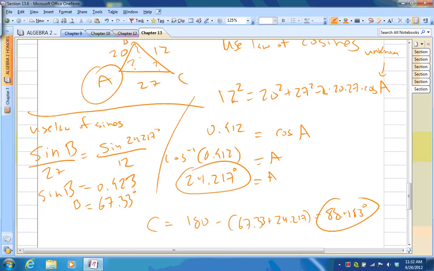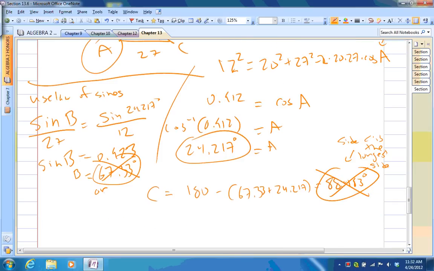This implies that side C is along the side. Now, is that true? No, it's not true. So what that means is that we actually ran into the ambiguous case with our law of sines here, because we're dealing with side-side-angle if you think about it, when we're doing law of sines. So these are actually impossible.